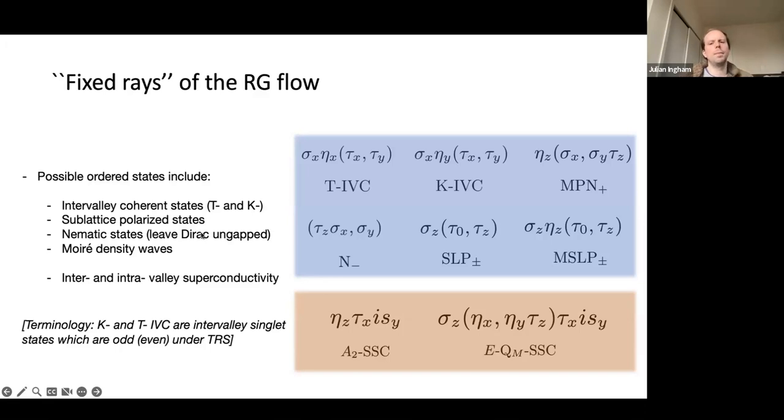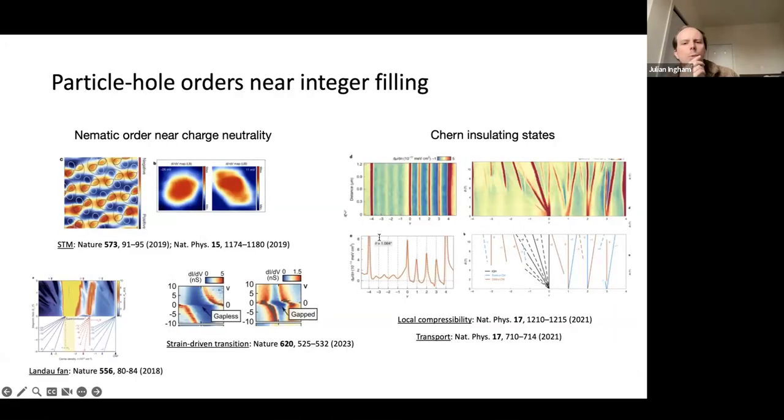Okay, so the insulating and nematic states, which appear as the dominant orders near integer filling, are natural candidates for the states seen in experiment at integer fillings. So firstly, there are a number of experiments which see evidence of nematic order near charge neutrality, including STM, which found this pattern in the charge order that breaks threefold rotation symmetry down to twofold.